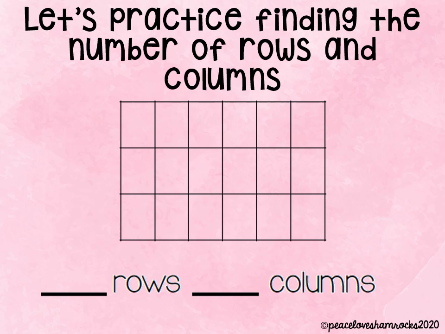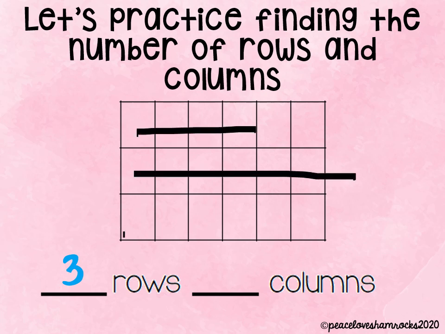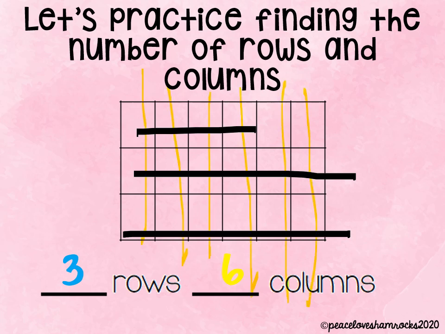How many rows? How many columns? This one has 3 rows. 1, 2, 3. And it has 6 columns. 1, 2, 3, 4, 5, 6.